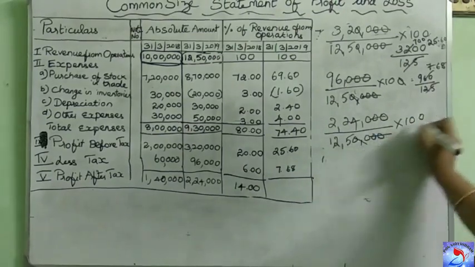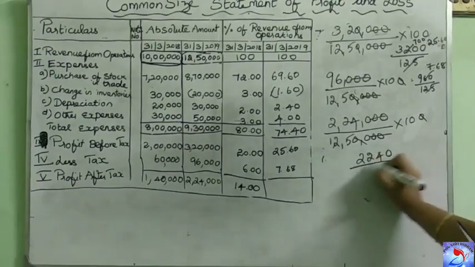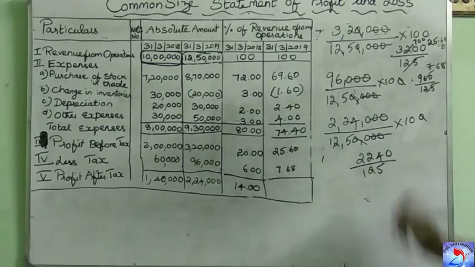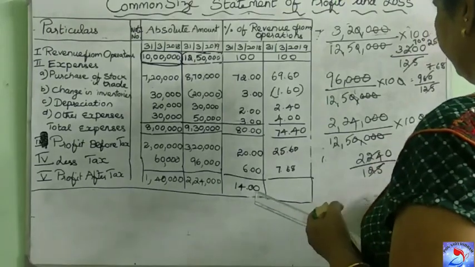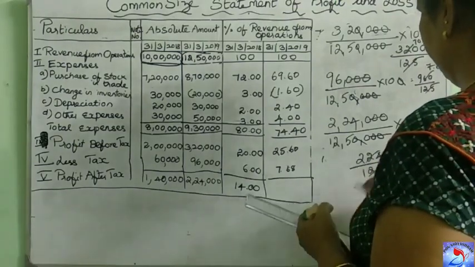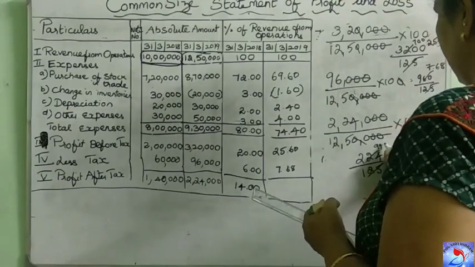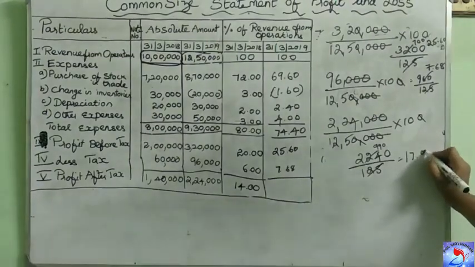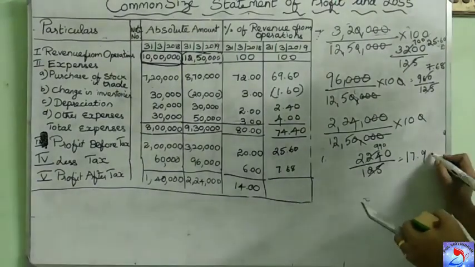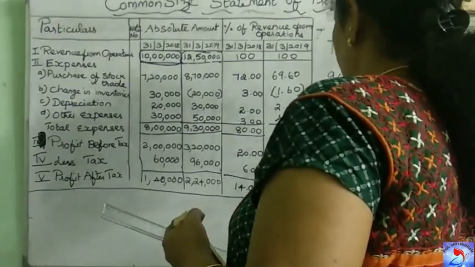So 2240 divided by 125, you calculate. So 17.92 you will be getting.